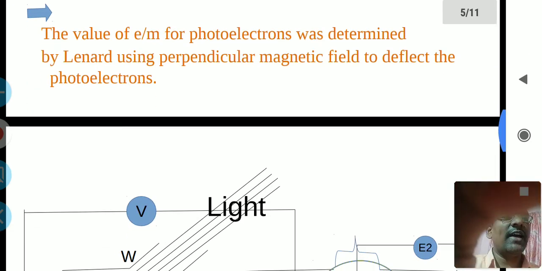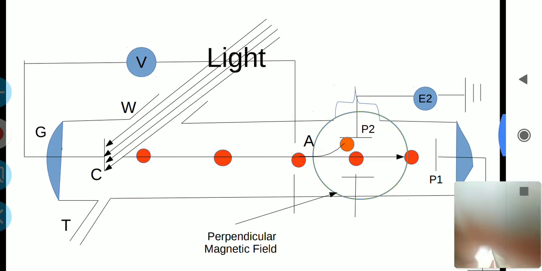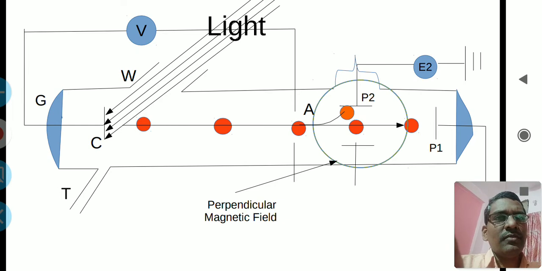So let us see the diagram of Lenard's apparatus. As I have mentioned, it consists of a glass tube G. It has a side tube, capital T, which is used to create the vacuum. It also consists of cathode C, a small pinhole anode A, and electrodes P1 and P2 which are connected to electrometers E1 and E2.